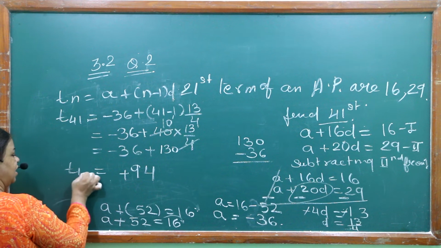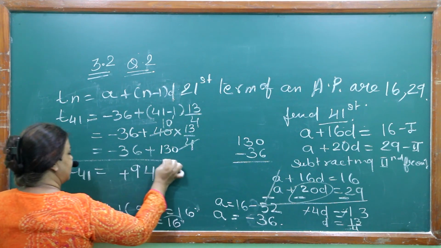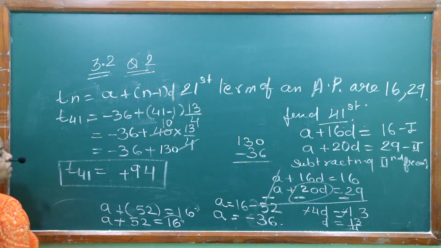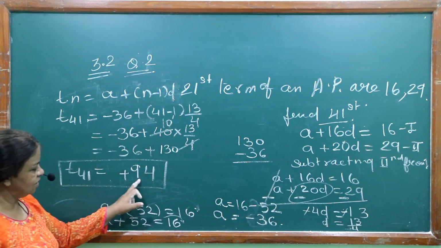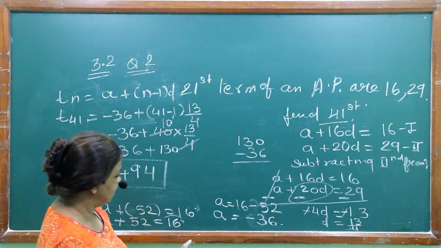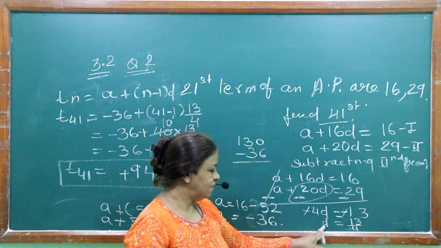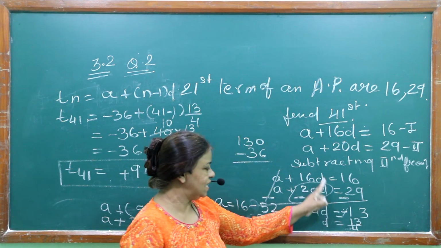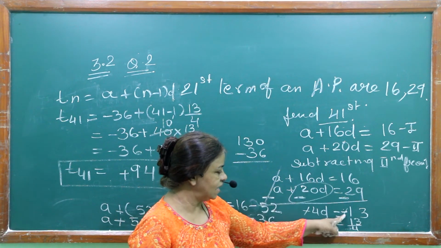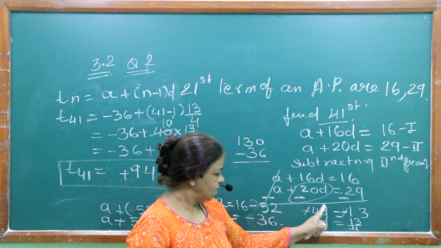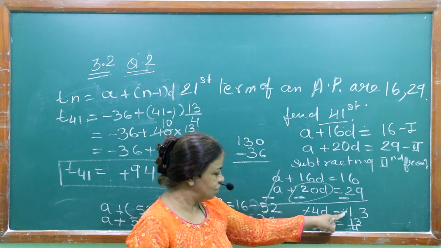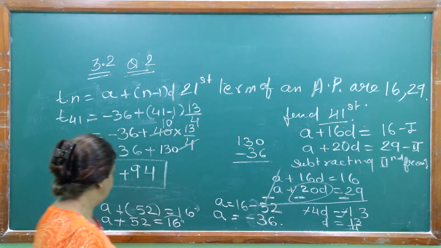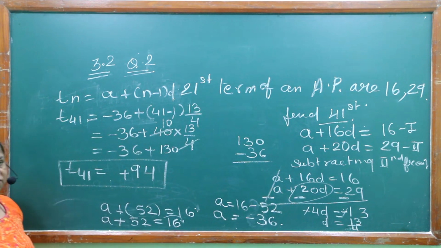So T41 is 94. A value is minus 36. D value is 13 upon 4. Previously there was minus sign not eliminated. It was used again, I had used, so I corrected it here, and then we got 41st term.